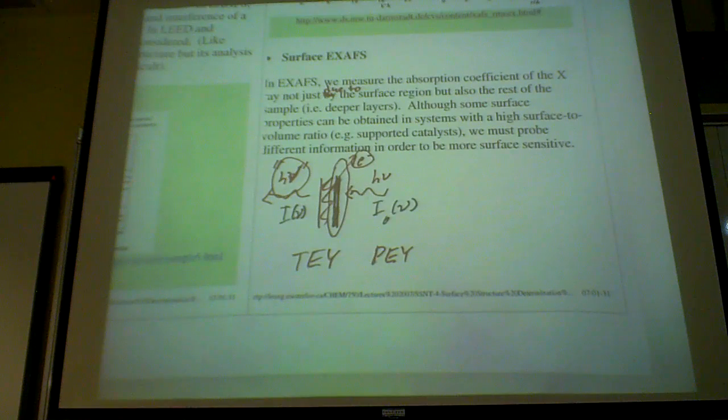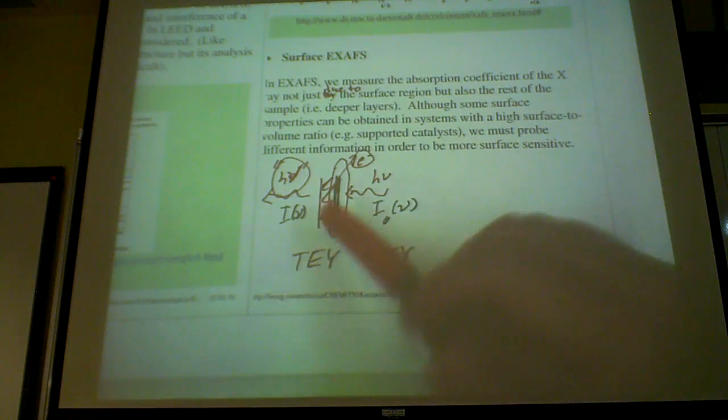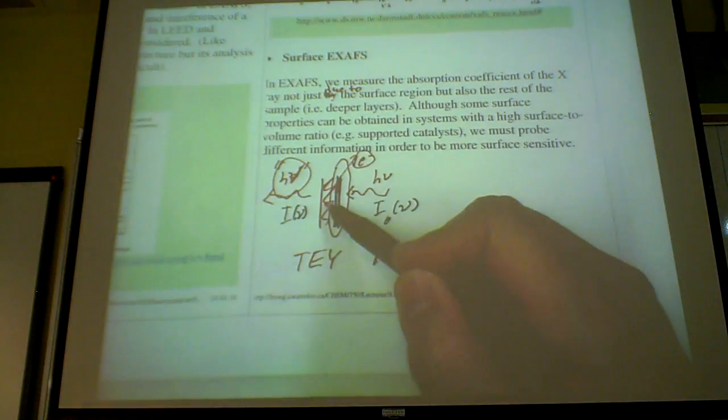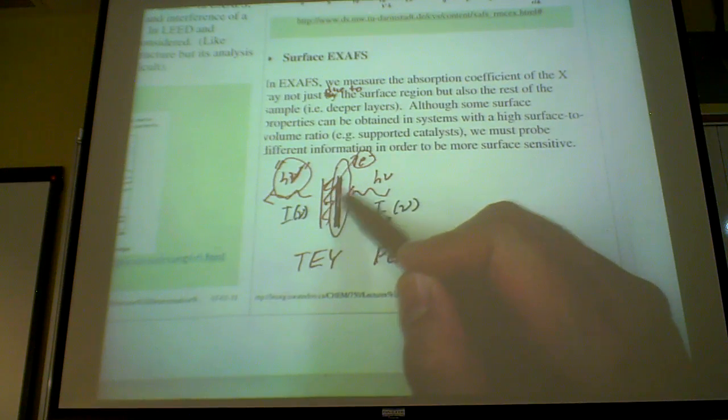Now, why do I care about electron yield? Well, you remember the mean free path, right? This is why we talk about the mean free path quite a lot. Electron is nice because electron can only come out near the surface, because even though electron emission could occur deep in the bulk, they lose so much energy when they make it to the surface, you don't see them.